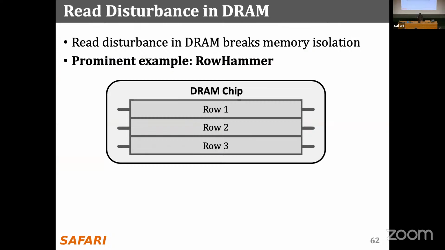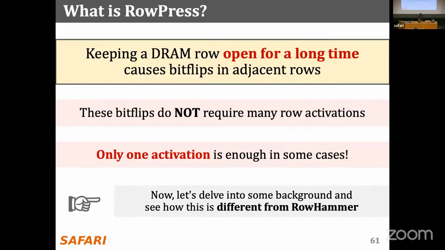And also discharge that row. And also discharge the row that is active. Which row is active? So you have kept the row open. Yes. You discharge that row and also introduce bitflips. So yeah, the bitflips are only in the victim row.